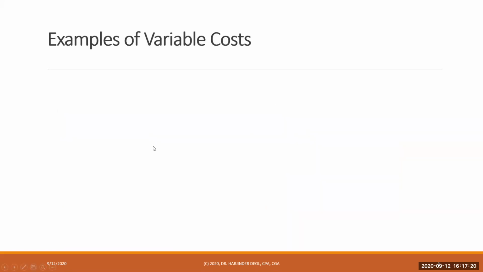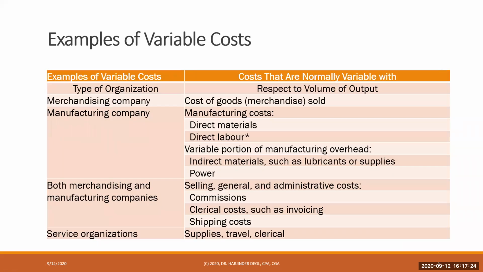Some examples of variable costs that you'll come across in this course. For a merchandising company, the example will be cost of goods sold, the cost of the merchandise sold. For a manufacturing company, the direct costs for manufacturing, including direct materials and direct labor, are variable.